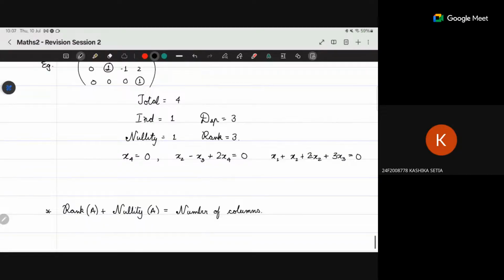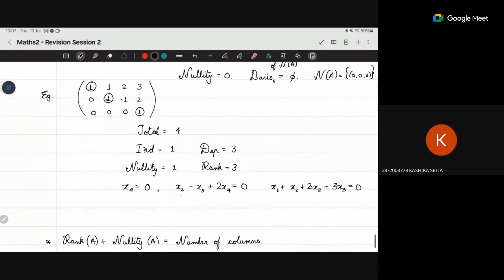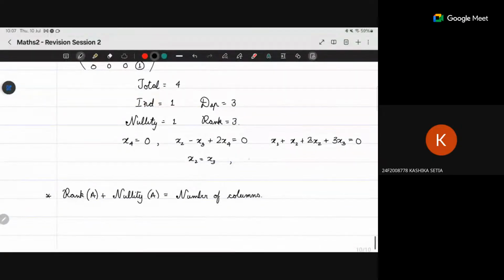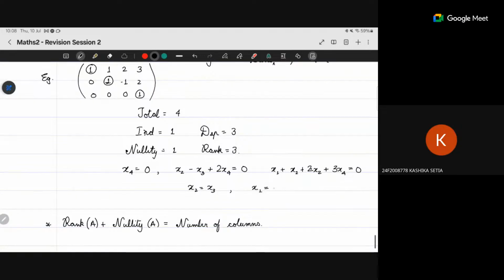So x3 is the independent variable, so I write everything else in terms of x3. x4 I can remove because x4 is 0 itself. So x2 is equal to x3, and x1 is equal to minus 3x3.